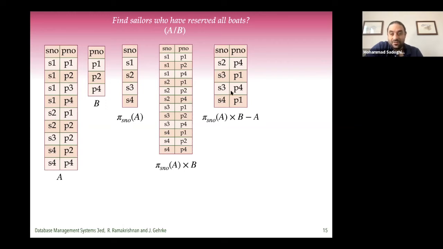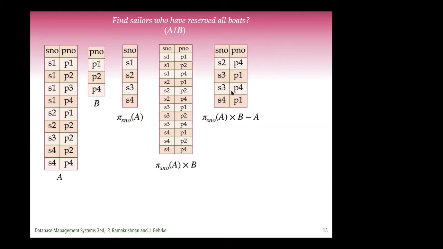And then we found those sailors for whom there was at least a boat that they did not reserve. Is it possible to subtract from the sailors in the original list and get only the inverse? So you'll have all the sailors that do have all the boats.